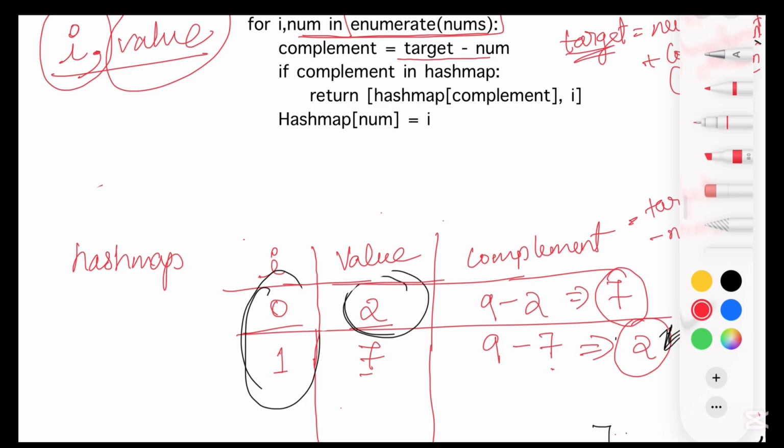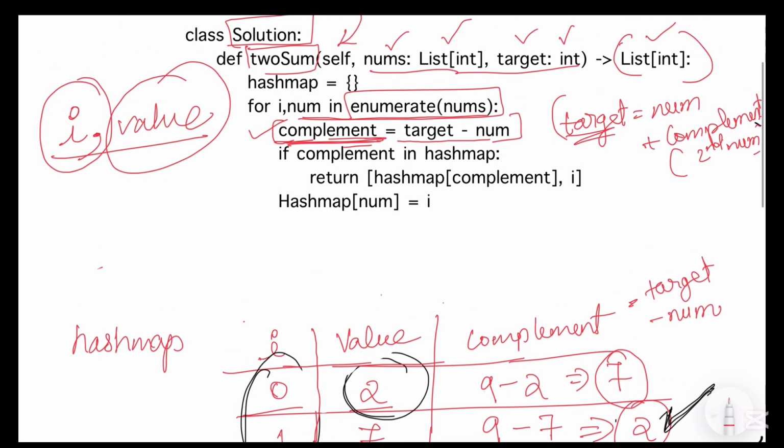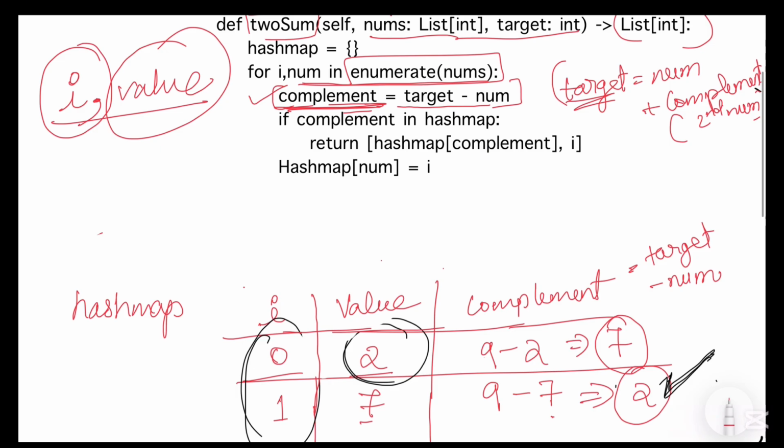And then we have complement, which is the second number we'll have to find, because target is equal to number plus complement, so complement is this. And then if complement is in the hash map, we'll search for the complement for the second number. If it is there in the hash map, then we'll return this.